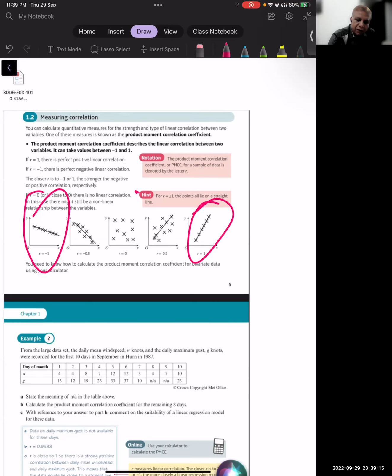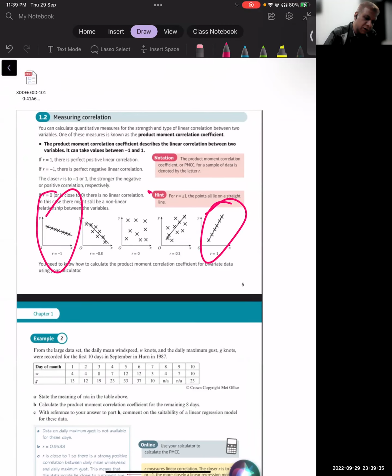Got it? What are these graphs called? These graphs are called the graphical presentation of correlation, right? Just a second.